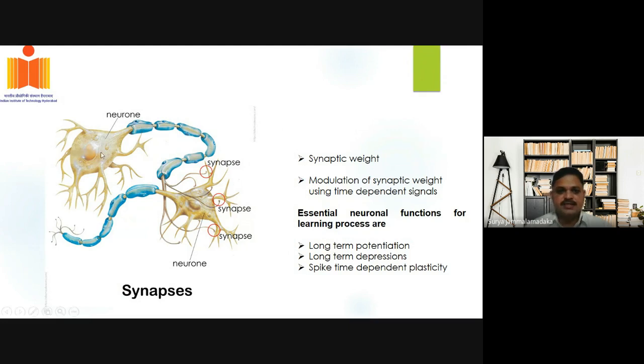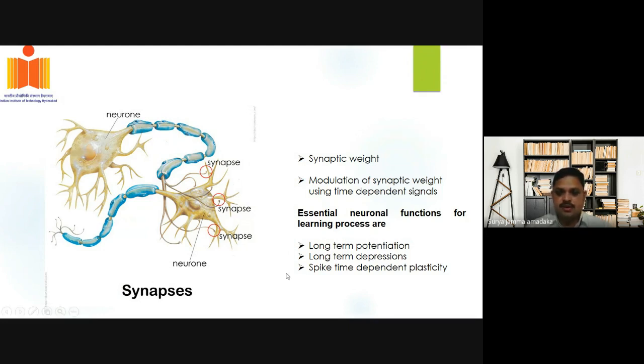The connection strength between two neurons is called the synaptic weight, and the synaptic weight can be modulated by using time dependent signals. The most essential neural functions for the learning process are long-term potentiation, long-term depression, and spike time dependent plasticity.